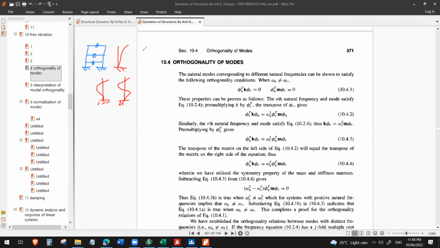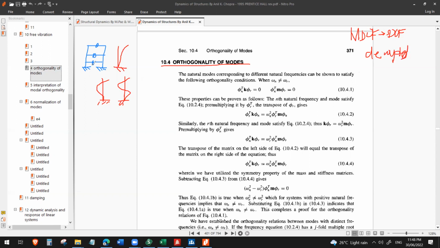Now, this concept of orthogonality of modes will allow us to analyze the MDOF problem as an SDOF problem. MDOF will become an SDOF, because it will decouple the equations.